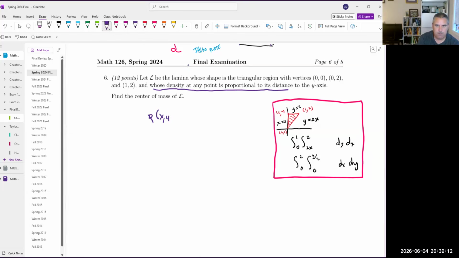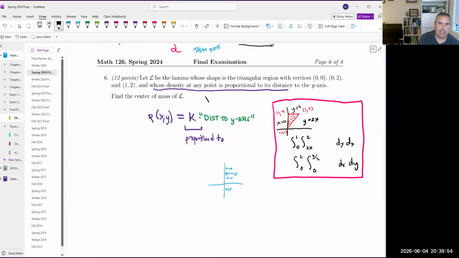The density is proportional to the distance to the y-axis. So I would feel better about this problem if we gave the density. The distance to the y-axis is how far you are away this way, which is what x is.